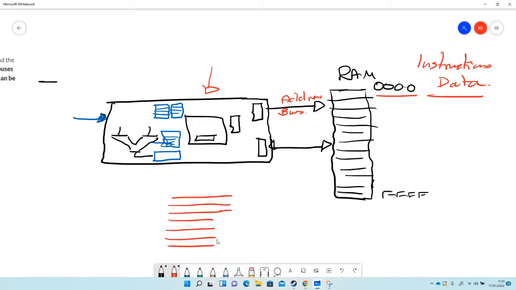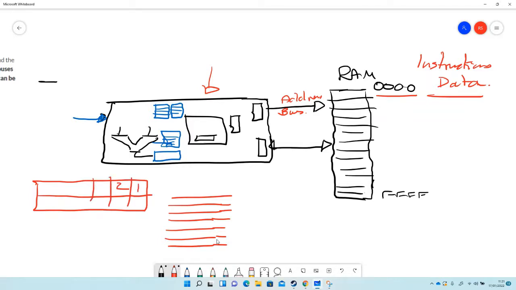If we had 8 parallel lines, going back to the idea of our binary, we could think about how many addresses we could put in there. And when we did this in our thinking about data representation, we did some of this where we thought about how many numbers we could put in.